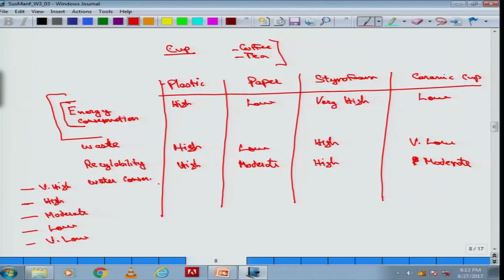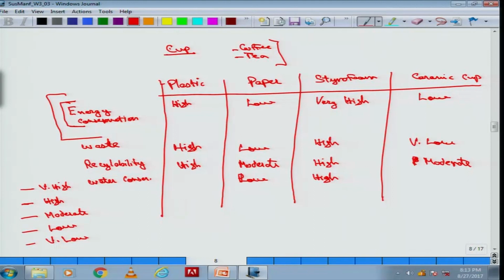Water conservation is excellent in the case of this styrofoam. Very little water is required in manufacturing this, so it is high. For paper it is poor, because paper manufacturing is a water intensive process, so it is low here.